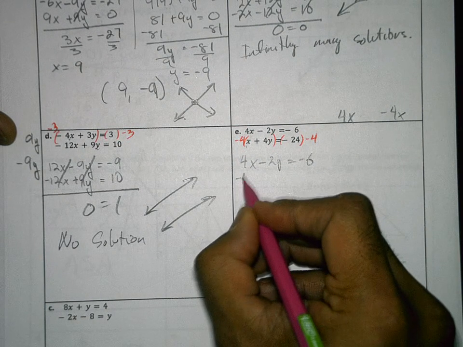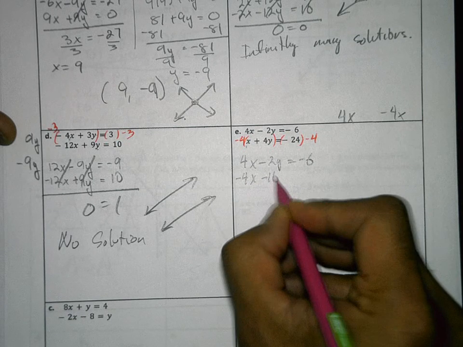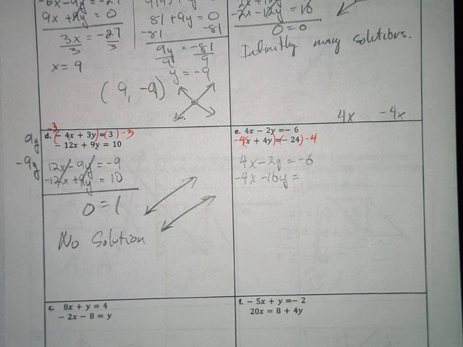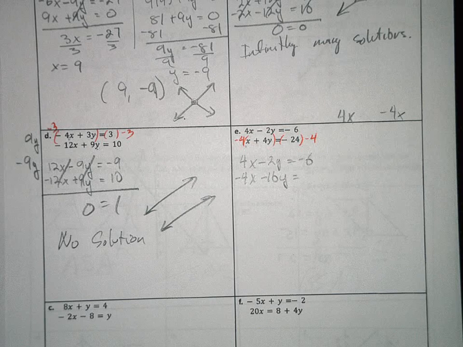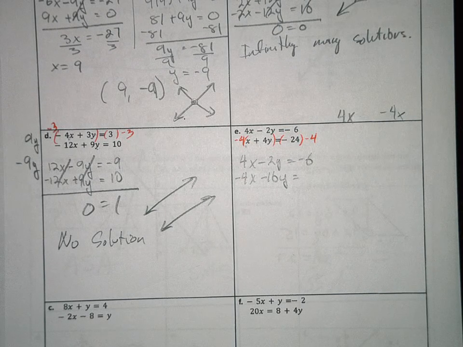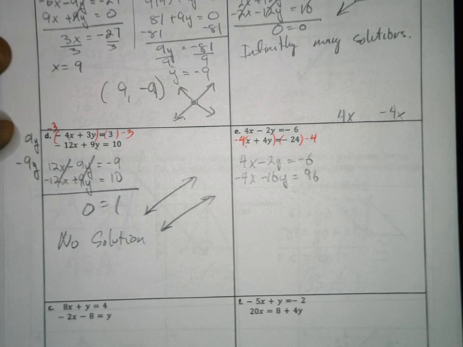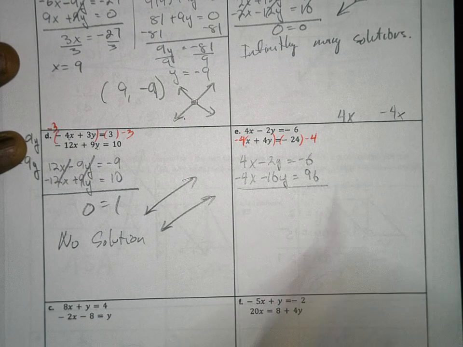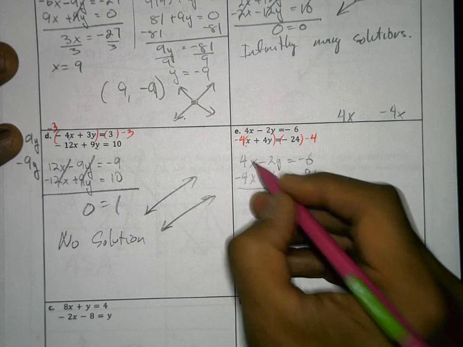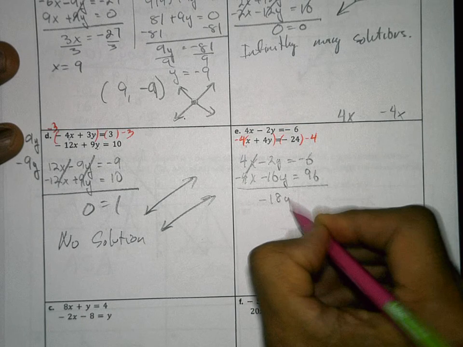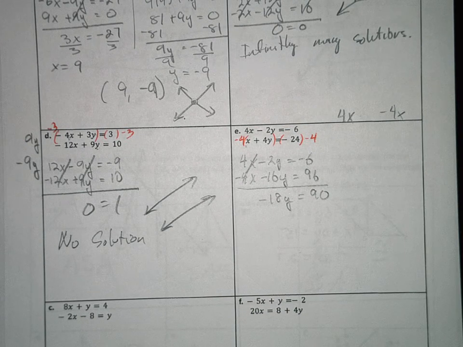Down below, I'm looking at negative 4x minus 16y equals whatever 24 times 4 is. It should be about 100, so positive 96. Okay. And then we're looking at negative 18y equals 90.